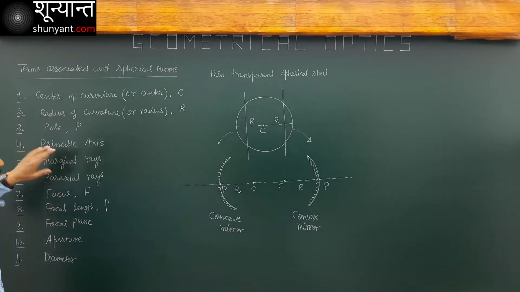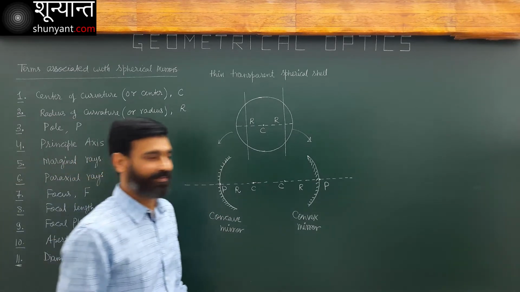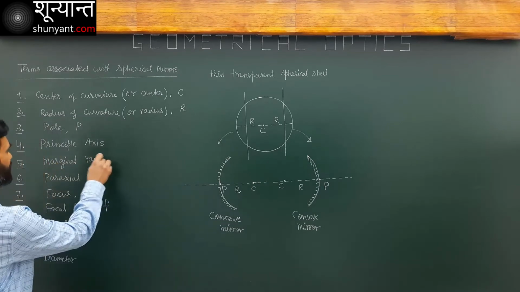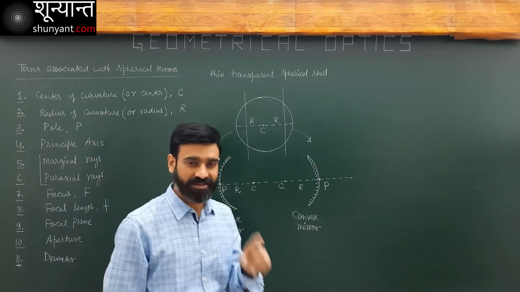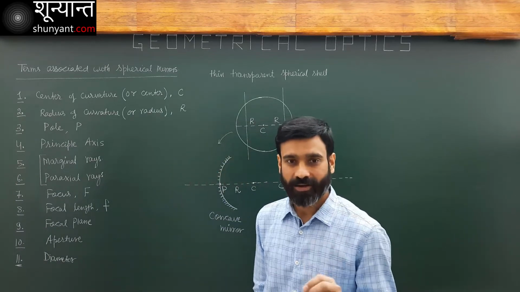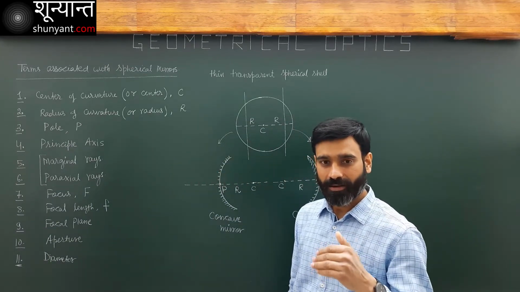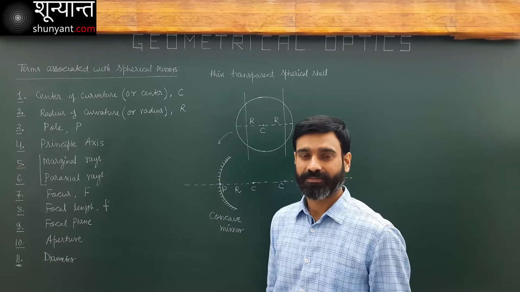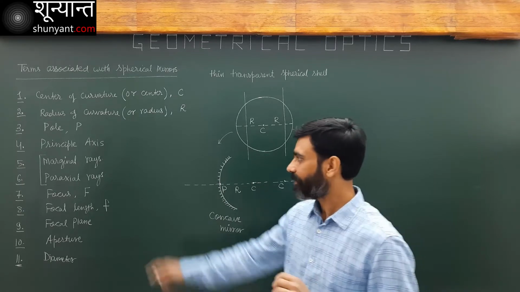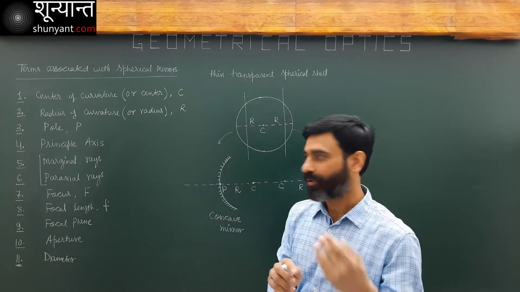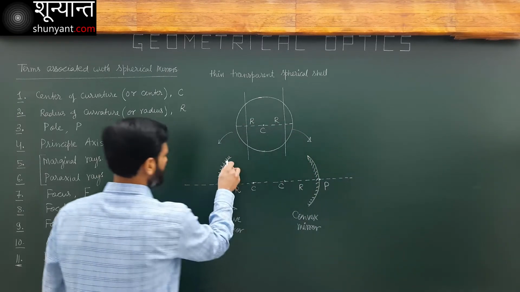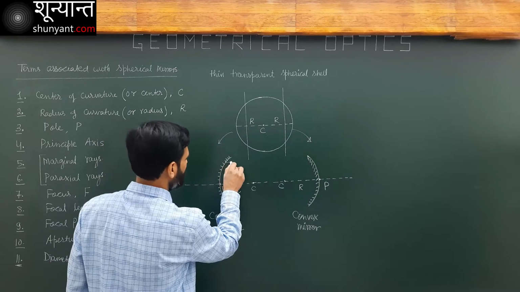Marginal rays. Now this is something important. These two, marginal and paraxial rays, what are they? Note down, marginal rays: light rays parallel to and away from the principal axis. So if I have a light ray, this is my light ray.